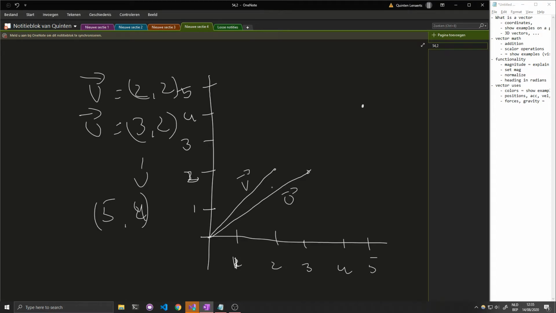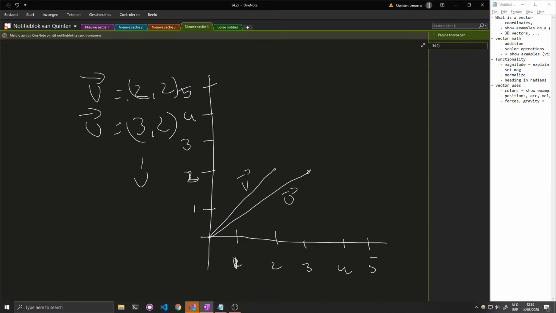If we were to take this u vector and put the beginning of the u vector, which is at 0, 0, on top of the end of the v vector, we'd simply get this, which is also the same for the v vector. If we were to place this v vector over here, you would get this. So you can very easily visualize addition and stuff like that.